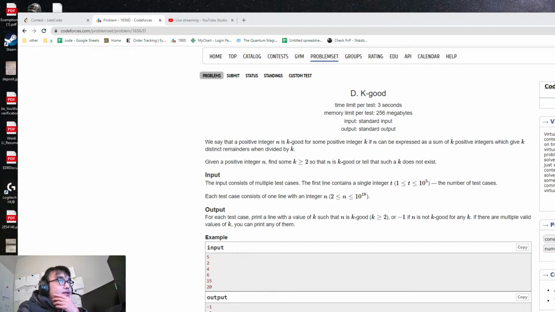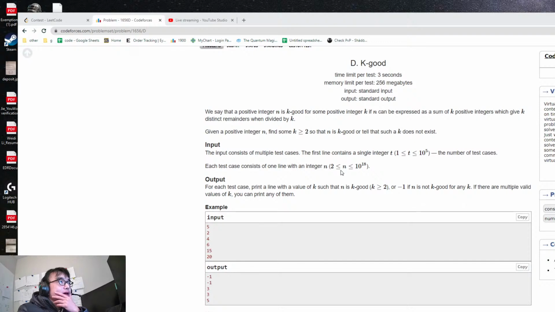Actually, K must be greater than or equal to 2, so we will start at 2 and try each of the possibilities. That is not good enough because n is in the range of very big numbers, right? So how can we do this?